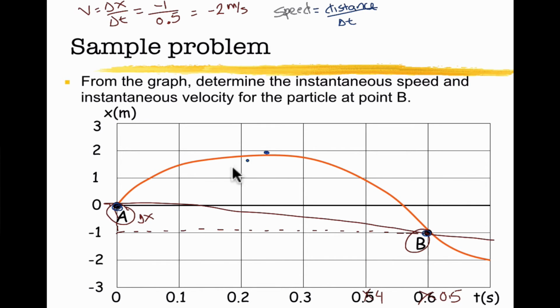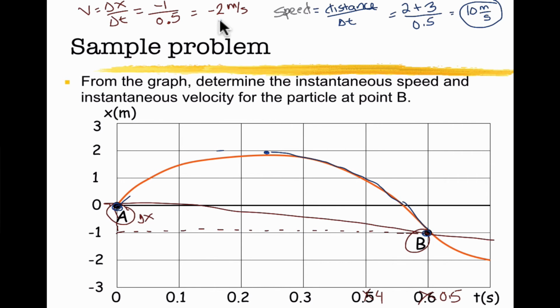Let's just say 2 to make our math easier. So we go forward 2 meters, plus we're going to go backwards 3 meters, and since it's just distance, it's not negative, it's just how far we go, over our total time, which is still 0.5. So this is 5 divided by 0.5, so that's 10 meters per second.